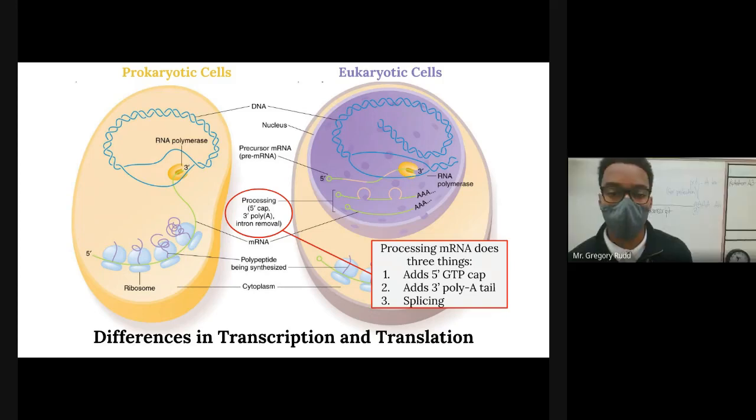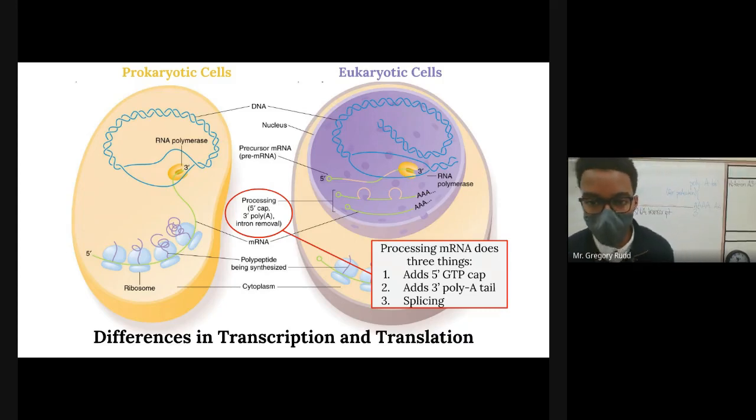Yeah. Okay. And then the third process is called splicing. Splicing is a little more complicated, but essentially there are two different sections in the mRNA, in the immature mRNA. So let's just, oh, you can't even see that.